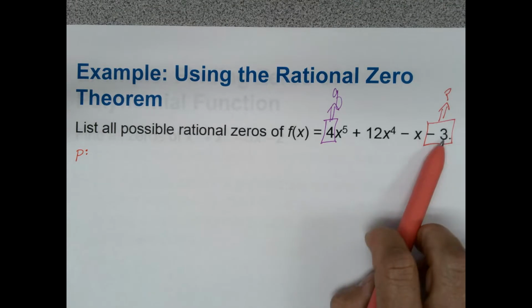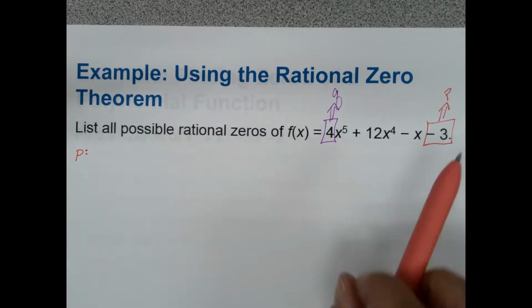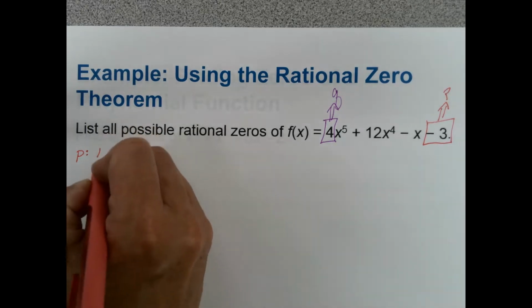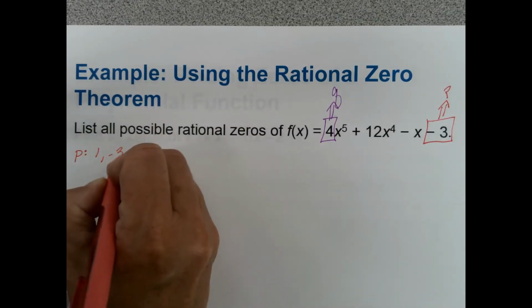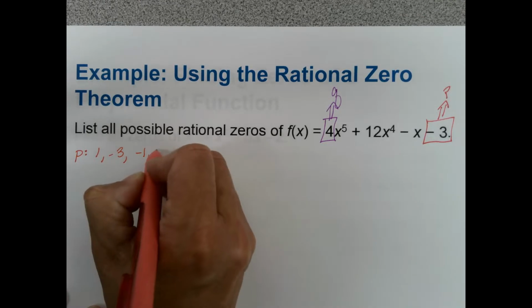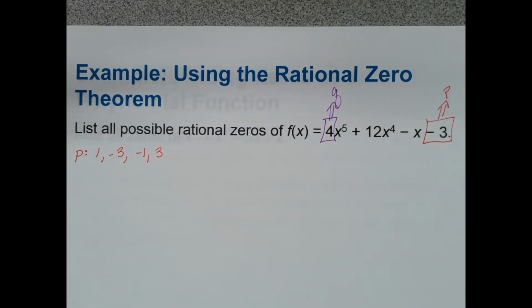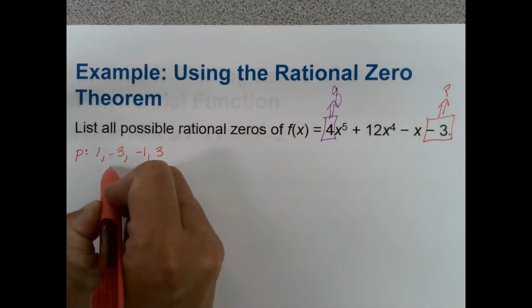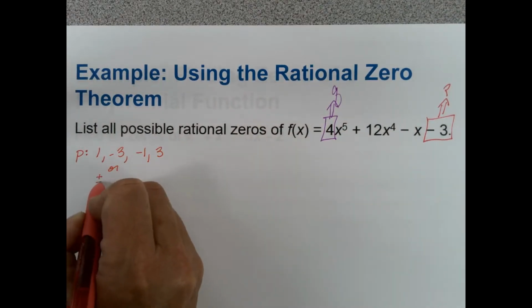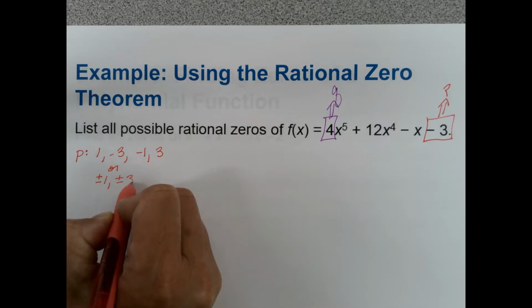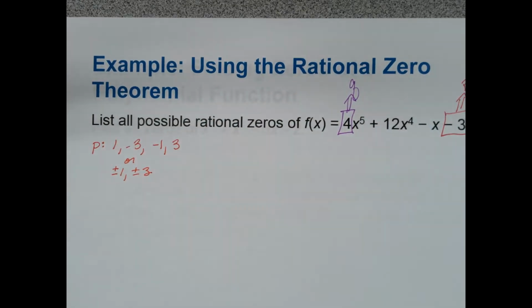P's are going to be numbers that multiply to give us a -3. +1 with a -3, and -1 with a +3. Oftentimes we're going to write this just a more simplified way, plus or minus 1, plus or minus 3. Okay. Those are our possible P's.